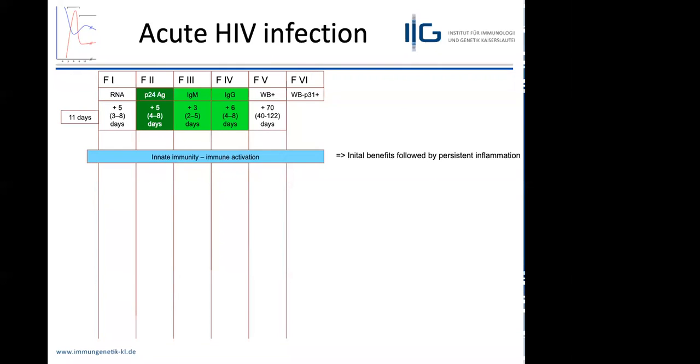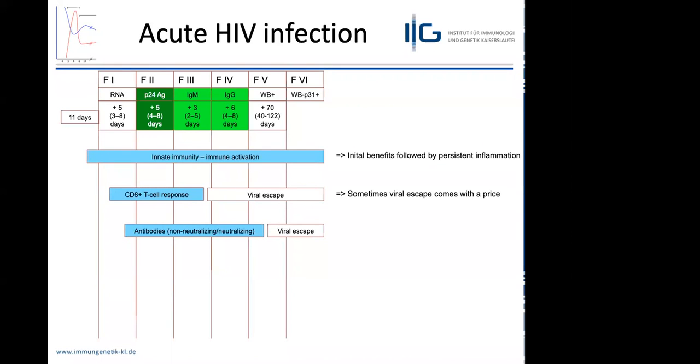We do know that the innate immunity during these acute infections is starting early, even before we are able to detect RNA. The CD8 T cell response is starting during Fiebig 1. Antibodies are also showing up between Fiebig 1 and 2.